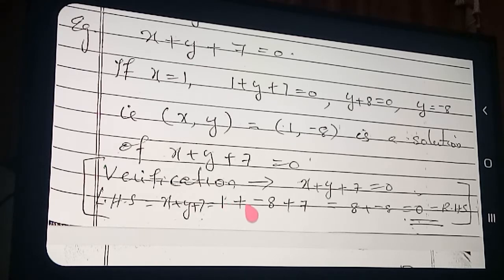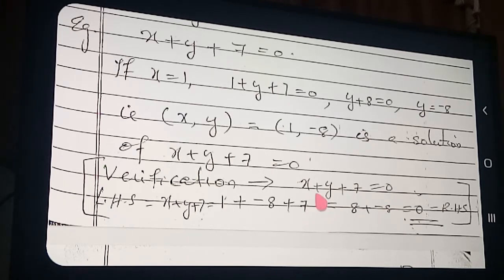So 1 + (-8) + 7: 1 + 7 is 8, and 8 + (-8) is 0. The LHS answer is 0, which is the same as the RHS. So this equation is satisfied.